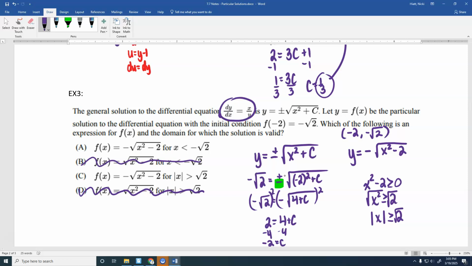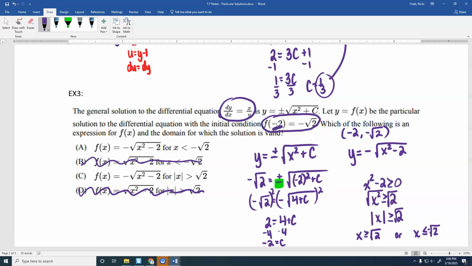However, we have an initial condition right here, because this means either x is greater than or equal to square root of 2, or x is less than or equal to negative square root of 2. Both of those things can't happen at the same time. We have the point negative 2, right? That's our initial condition.